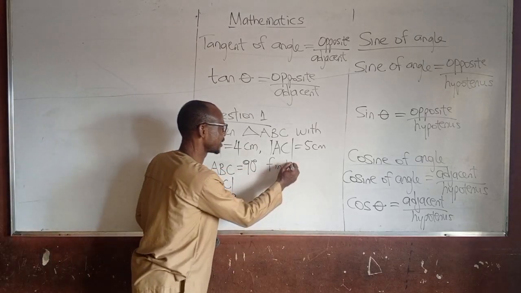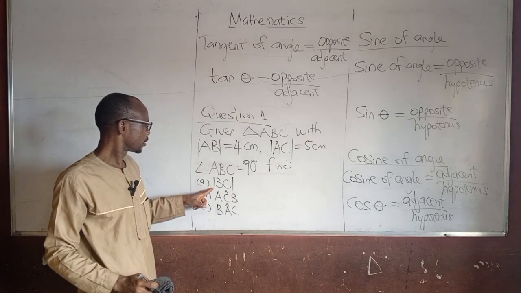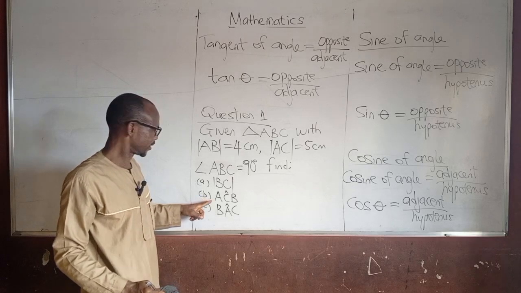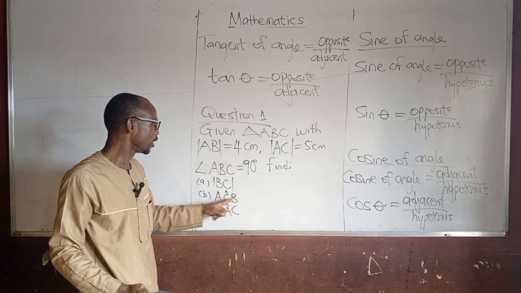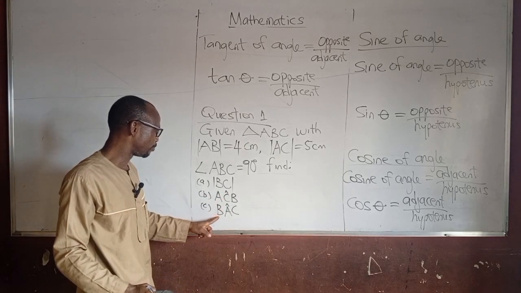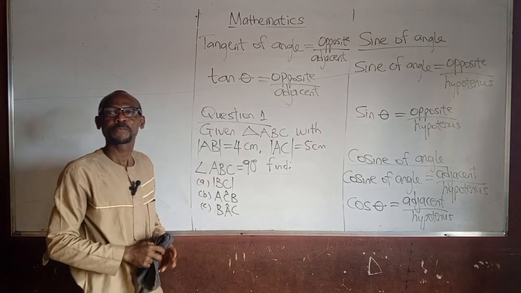They say find side BC, find ACB, which is to find angle C, and find BAC, to find angle A.